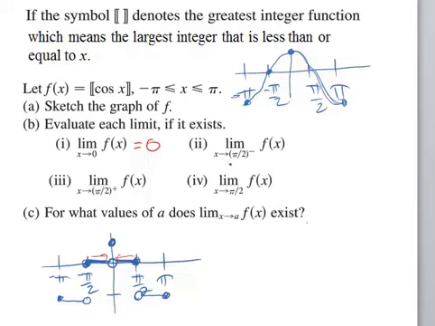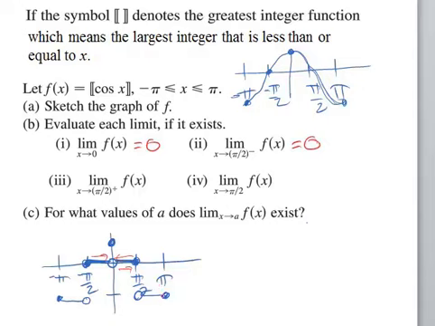The limit as x approaches pi over 2 from the left-hand side. So here's pi over 2. We can see as we approach that from the left-hand side, we are approaching a function value of 0. Let's look at part 3, the limit as x approaches pi over 2 from the right-hand side.